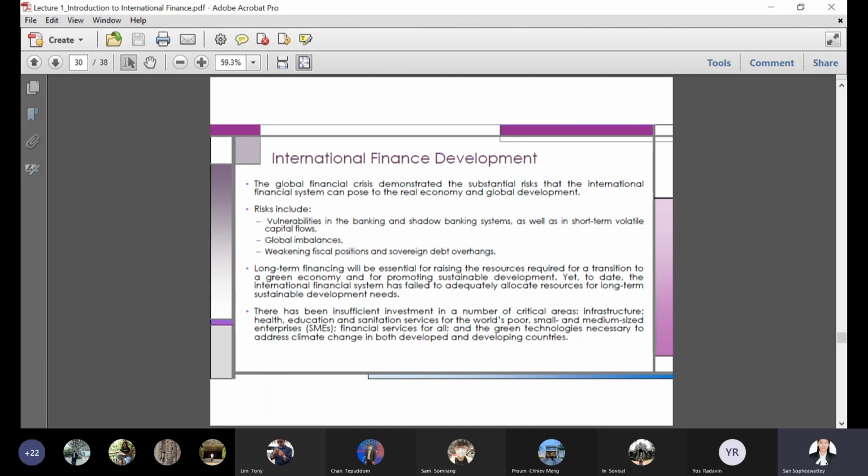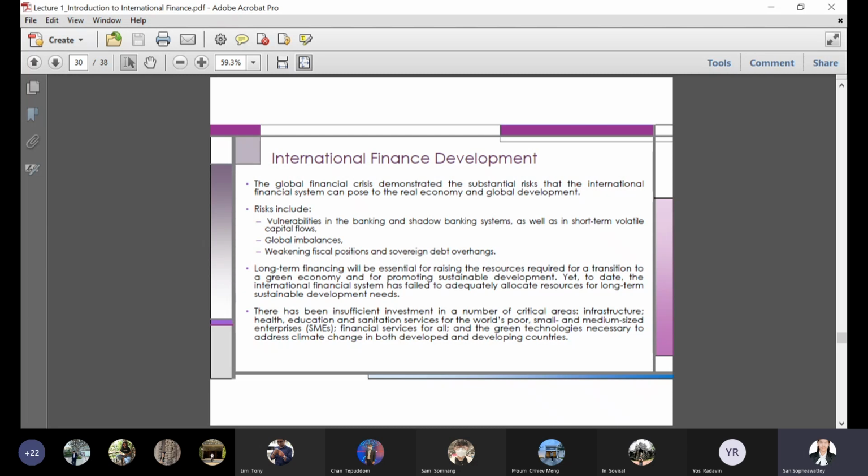The risks include vulnerability in banking and shadow banking, as well as in short-term capital flows. There have been global imbalances, because you see from the trade protectionism and trade tensions that pose a global imbalance. And then there is also a weakening in fiscal positions and sovereign debt overhangs.